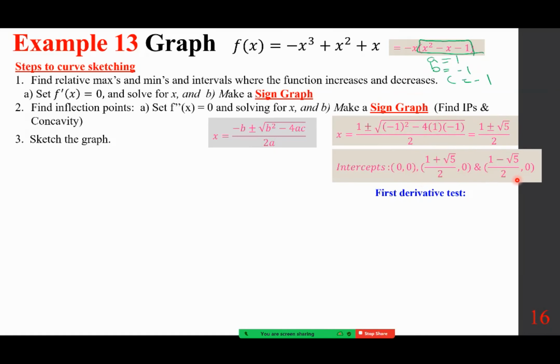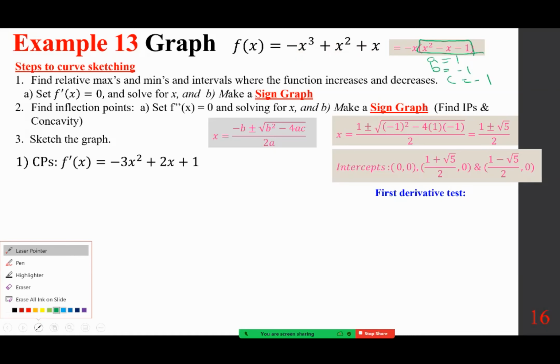The next step is to find CPs, critical points, and to do so, we have to find f prime of x, which is minus 3x squared plus 2x plus 1. We are going to set this equal to 0. To do that, first let's factor out the negative sign.